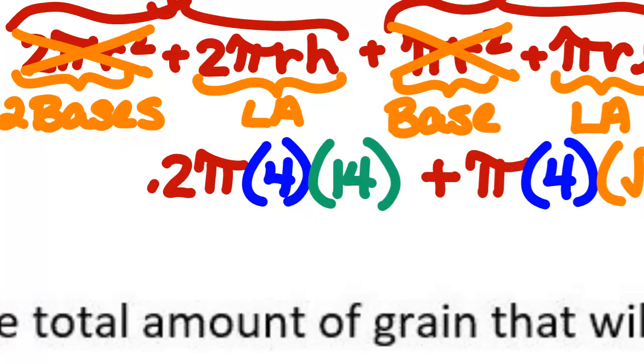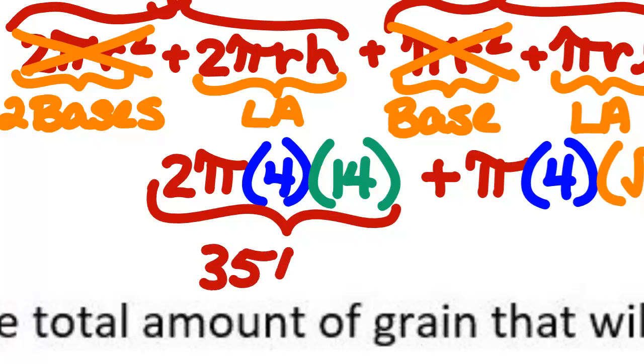All right, let's find the lateral area of the cylinder first. 2 pi times 4 times 14 comes out to be what? 351.858. Yes, 351.858.